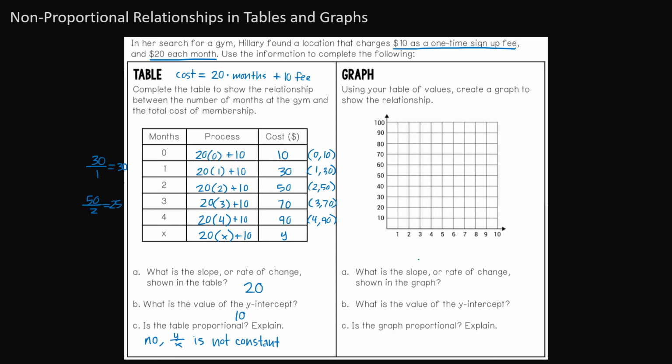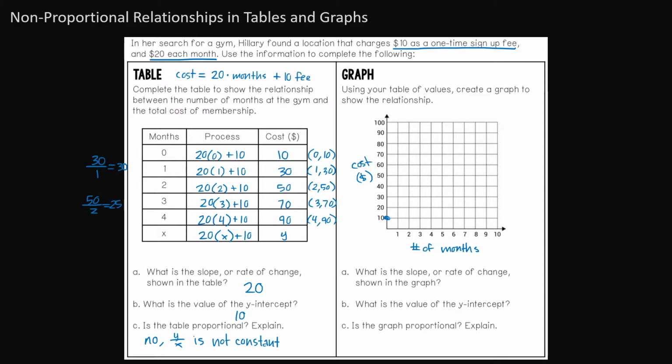So I know that my x-axis represents the number of months, and my y-axis represents the cost for attending this gym, cost in dollars. So I'm going to plot each of these coordinates. My first one is 0, 10. So I already know right off the bat, my line is not going to pass through the origin.